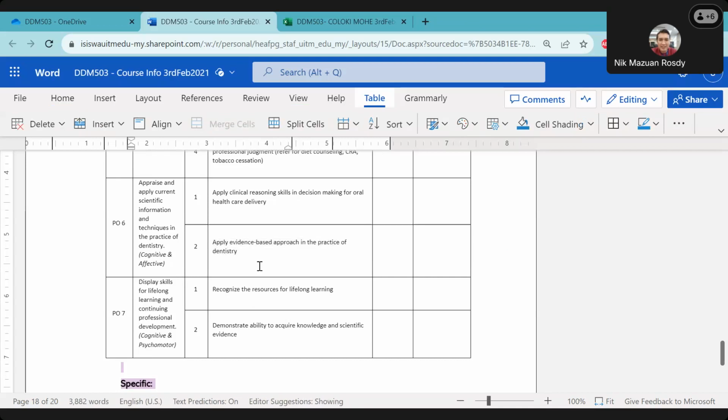For example, infective endocarditis. If you ask students under our course, we follow AHA 2017. That is the kind of question they will ask every lecturer when they are called for interview. Okay.